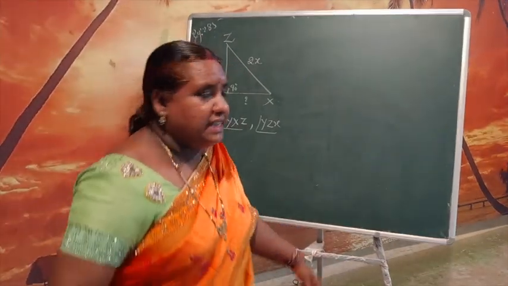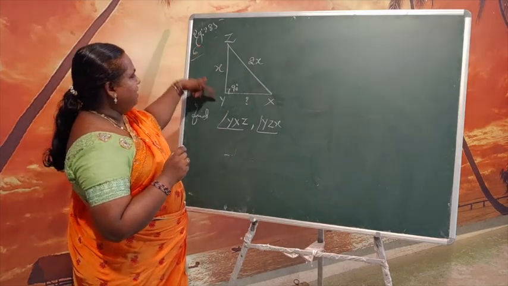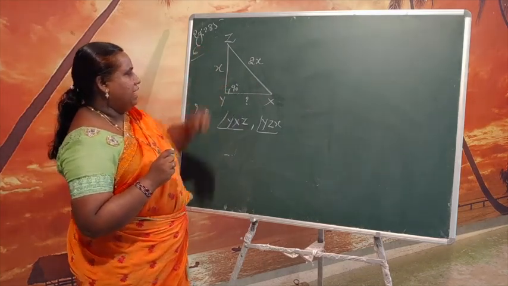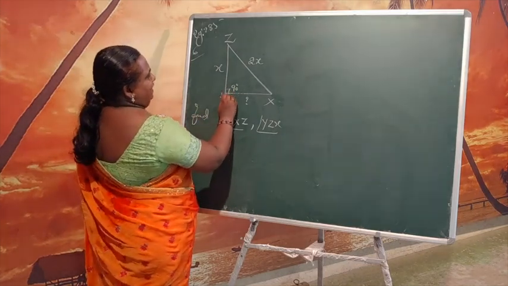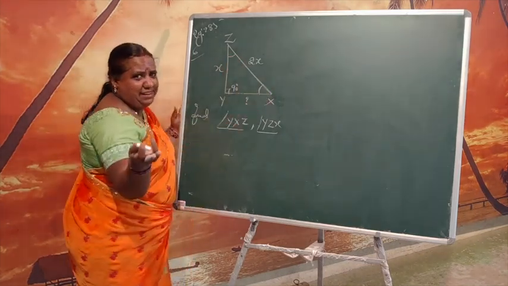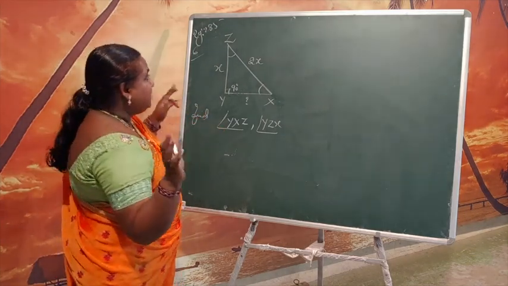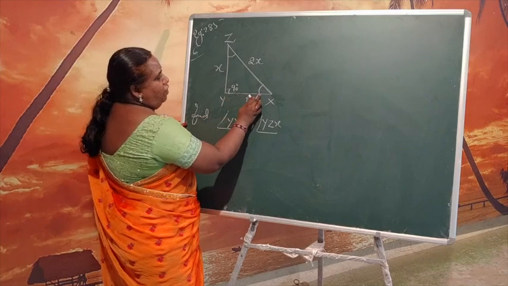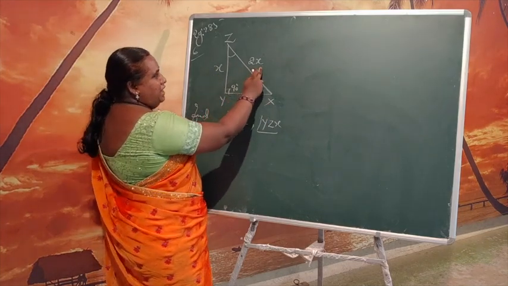So once again children, right angle at Y and YZ is equal to X and XZ is equal to 2X. We know that in a right angle triangle, one angle is 90 and the remaining two will definitely be acute angles. So if you know one angle, automatically the other angles will be known. See here the relation, for this angle, opposite side is X, hypotenuse is 2X.